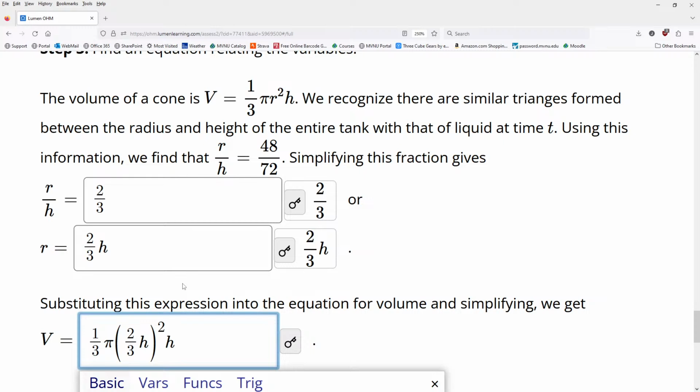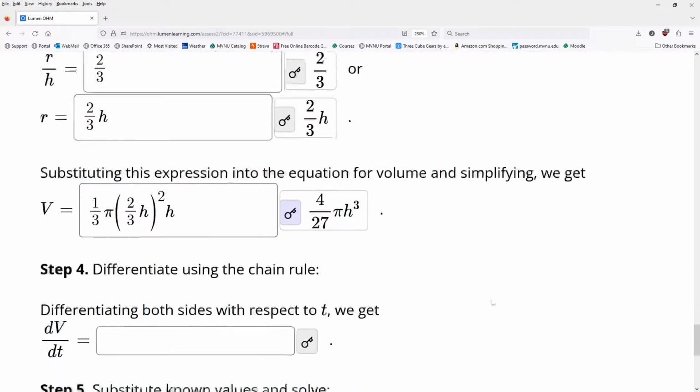That's all they want you to do there. They probably want me to simplify. You could easily simplify that; I'll do it in my head. It would be 4/27 pi h cubed. Let me see if they have that here. Yeah, 4/27 pi h cubed.